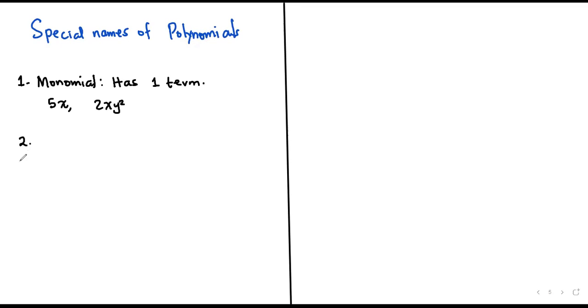Okay, so another one, we have what we call a binomial. So a binomial has got two terms. Let's say we have a polynomial like 5x plus 2. So you see that we have two terms, that is 5x and 2.